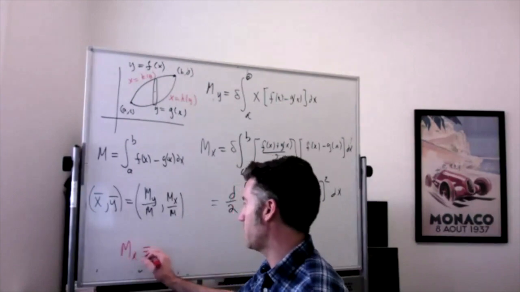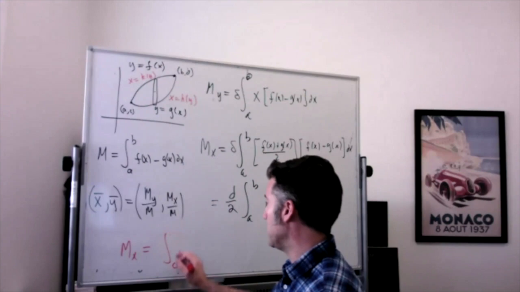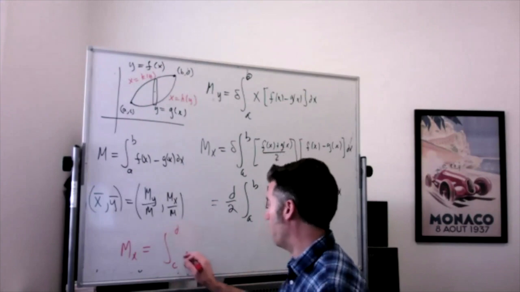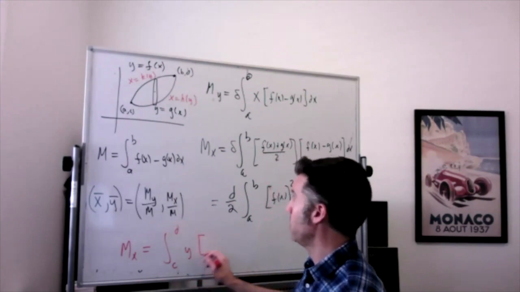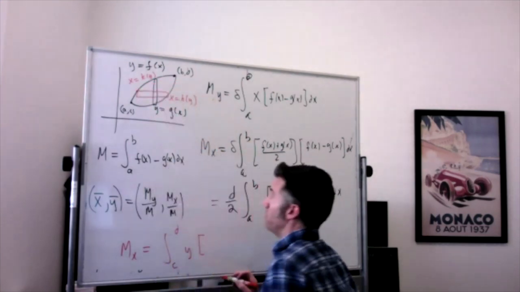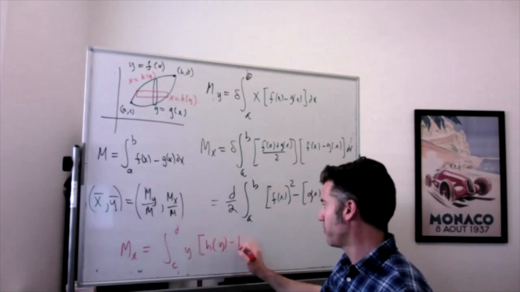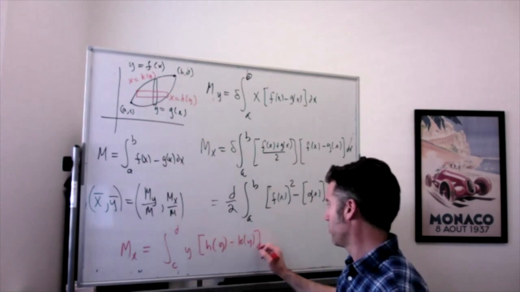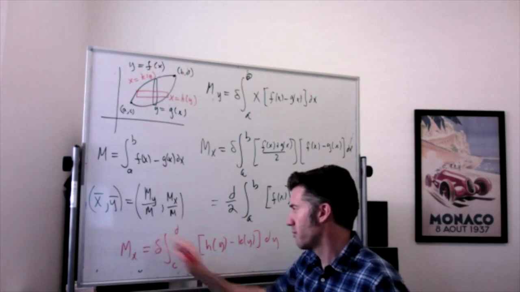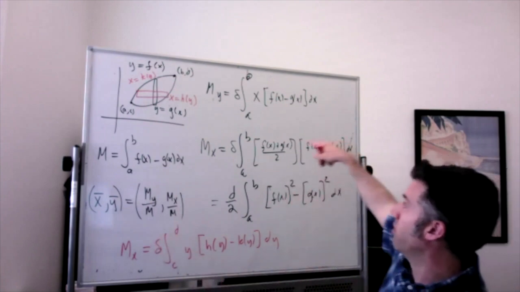The moment around the x-axis is going to be the integral from c to d of y times the area of my horizontal strip, which would be h of y minus k of y, dy.